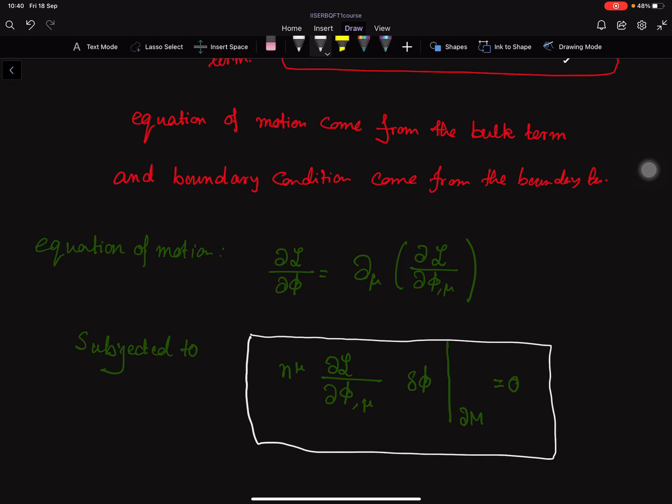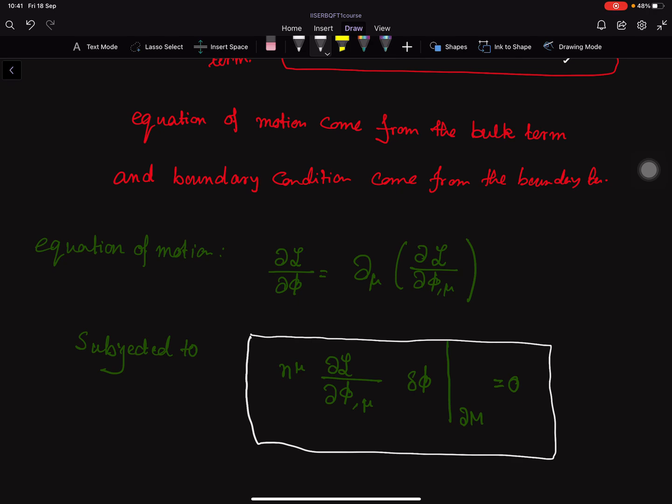And I keep stressing this because often very rich physics is encoded in this case. Often the very rich physics is encoded into the boundary term, and unless you set the boundary term equal to 0, the extremization principle is not correct, right?